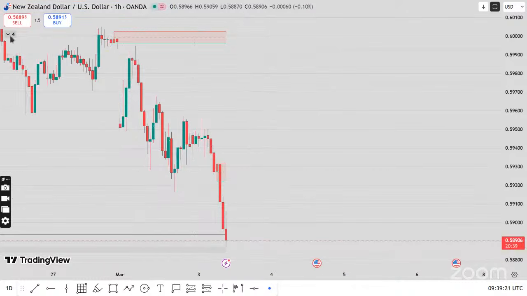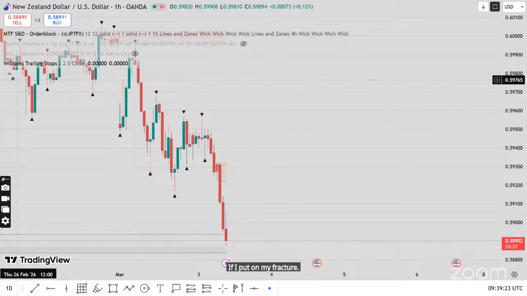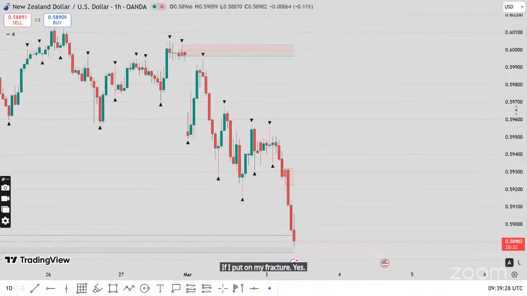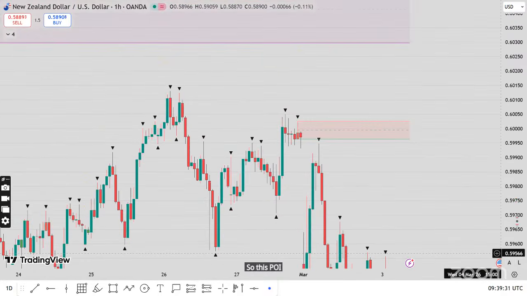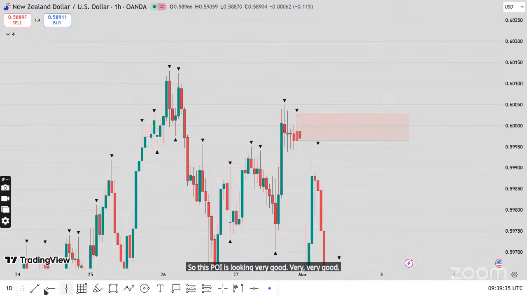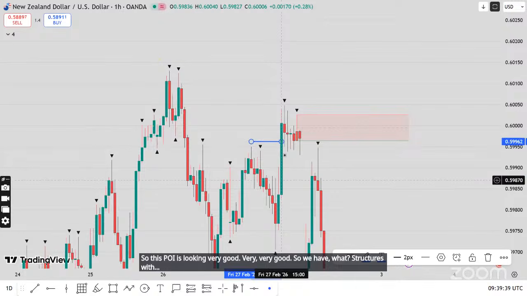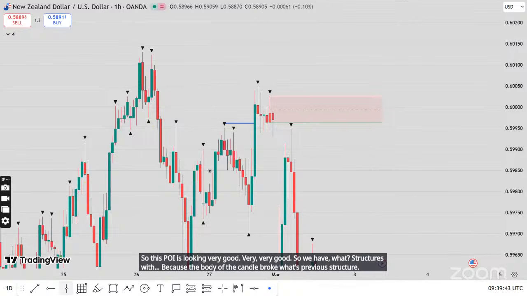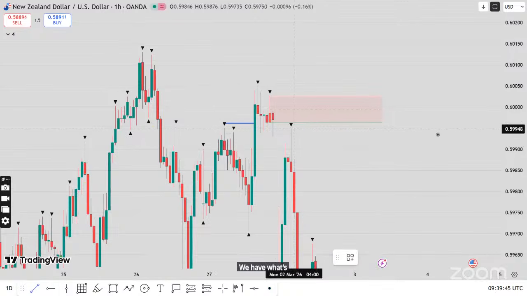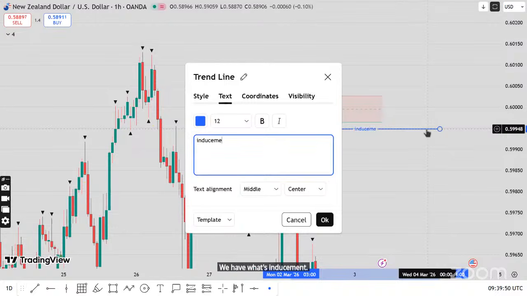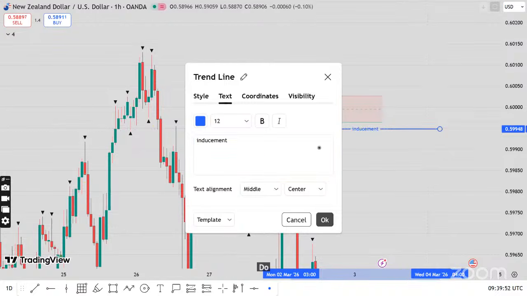If I put on my fractal, yes, this POI is looking very, very good. We have a structure sweep, because the body of the candle broke the previous structure. We have inducement. Do we have a fair value gap?